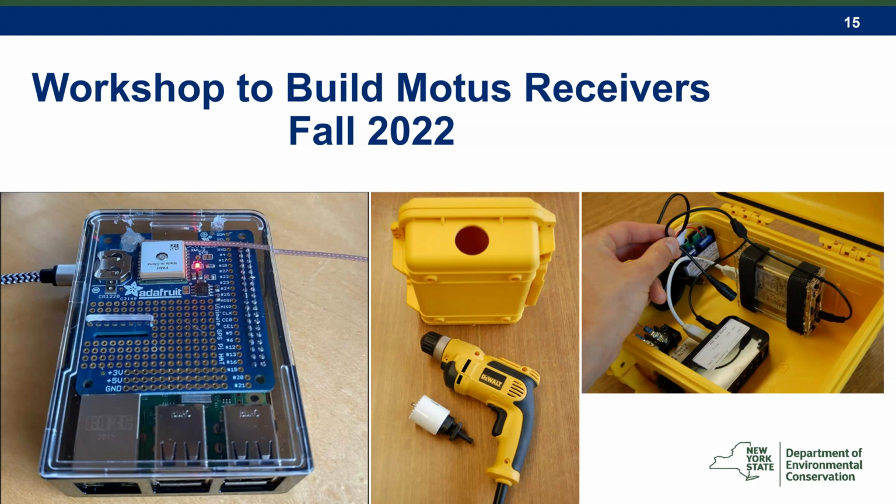We successfully constructed 4 of those receivers. We did get some funding later on in the process, and we were able to purchase a pre-built CTT sensor station as well for one of our sites, the Piermont Pier location.